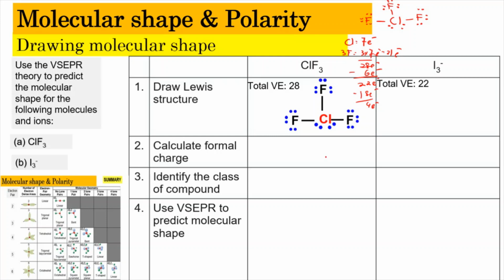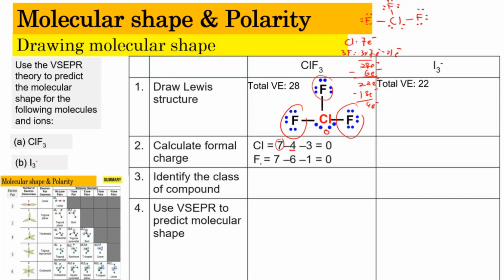And you can double check by calculating the formal charge so that you have the lowest formal charge and you know that it is stable. So for the formal charge of chlorine, it has 7 valence electrons and then it has 1, 2, 3, 4 lone pair electrons minus 1, 2, 3. So the charge here is 0. And then for fluorine, here and here is the same, right?